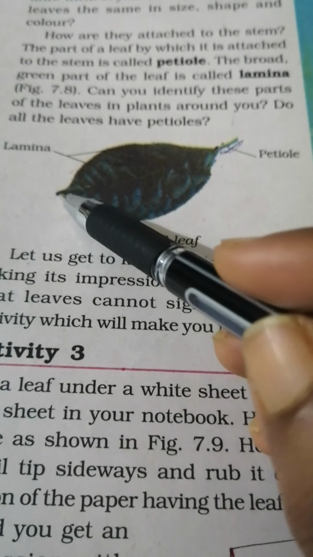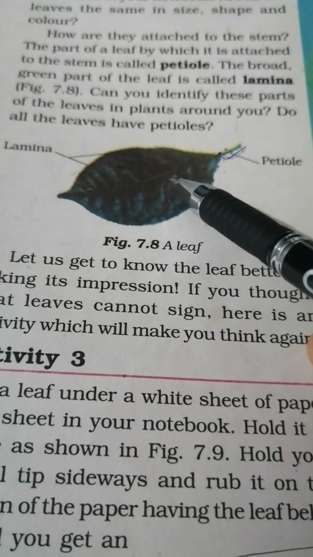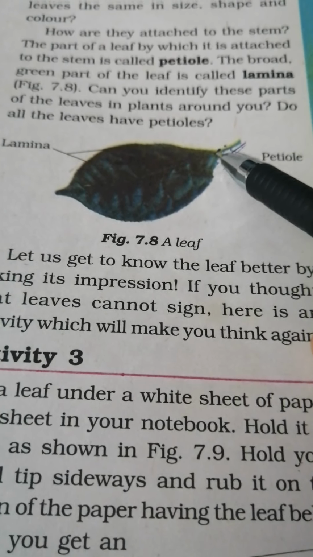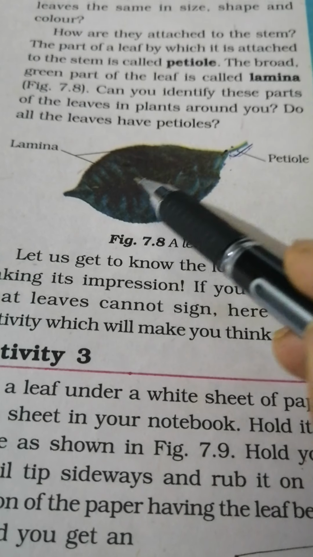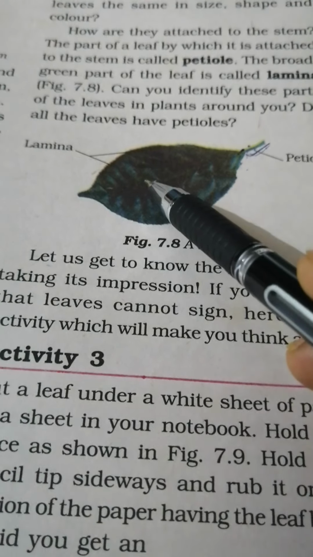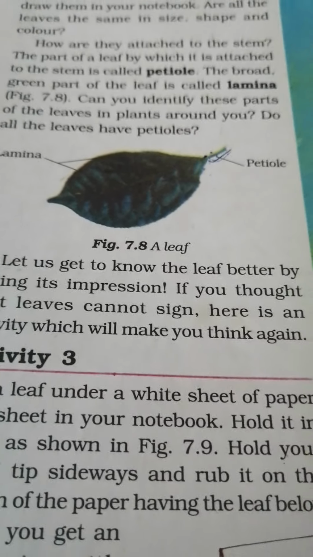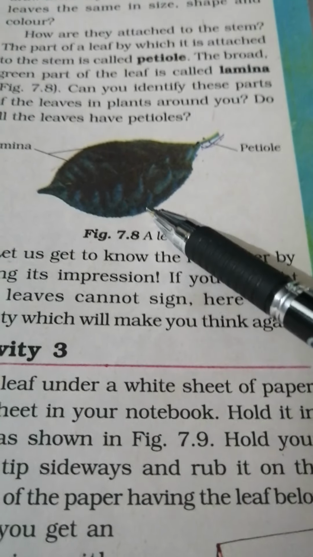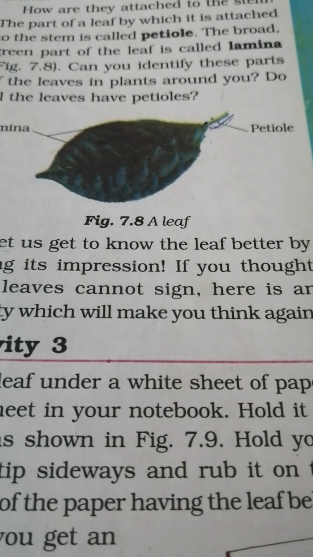The line that divides the leaf into equal parts is called the main vein. The leaf is called the kitchen of the plant because it prepares food by photosynthesis.